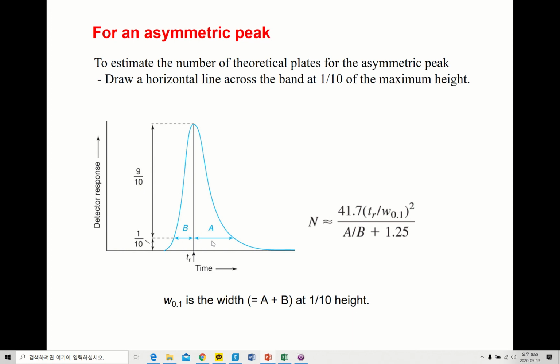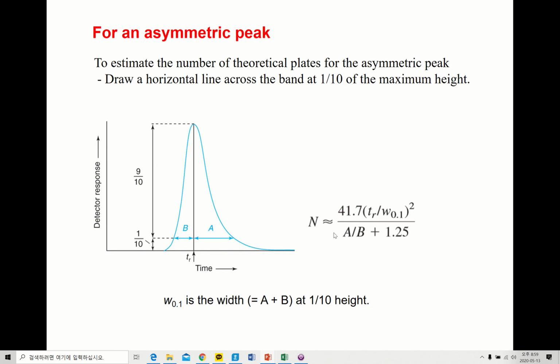How do we do that? You take a measurement of this height and divide it into 10, and then you measure from the bottom 1/10 of this length, and you draw the line here, at 1/10 of the height. Then the right-hand side is a, the distance in terms of time, and the left-hand side is b.